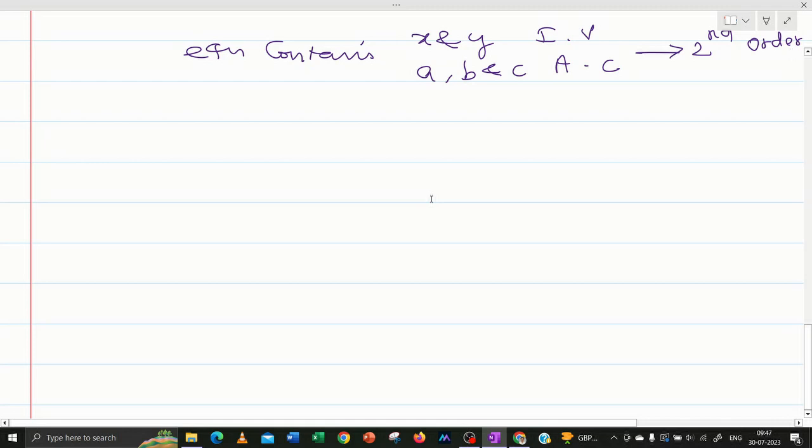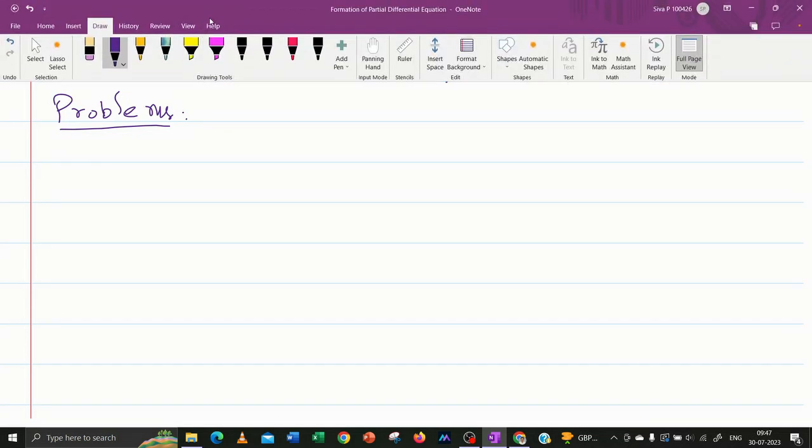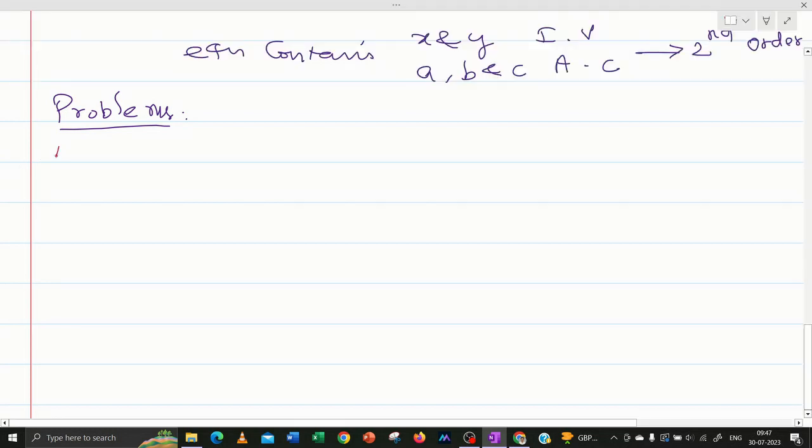Problems based on formation of PDE by elimination of arbitrary constants. Look at the problems. Just write the question.